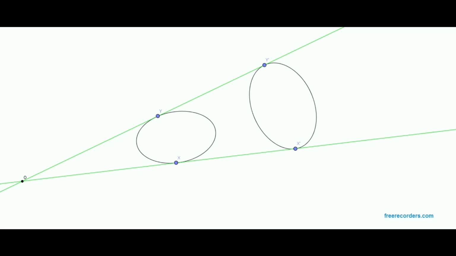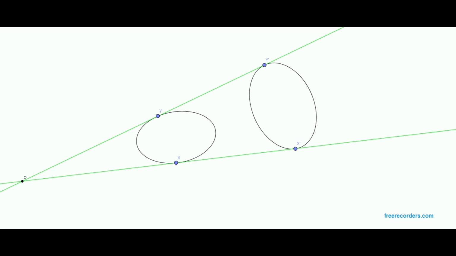That doesn't mean all the points on that line are going to be fixed, but the points on that line always get sent to points on that line. So it has a sort of point of invariant lines, if you like, and that's O. And also it has a line of invariant points. So there's going to be a special line somewhere on the picture, such that if we take any point upon that line, then the set of all lines through that point gets sent to the set of all lines through that point.